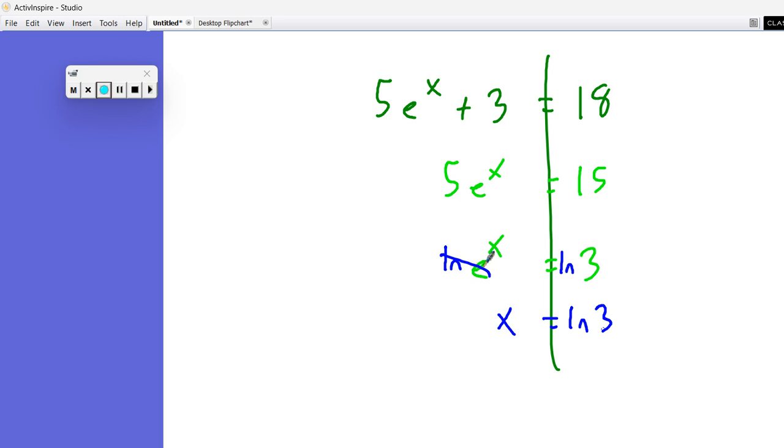Now, to get a decimal approximation for that, you do have an ln button on your calculator. You also have an e to the x button on the calculator. And all that is to the left of 4. So natural log, and you can just type in ln 3, hit enter, and you have your decimal answer. I feel like these are pretty basic.